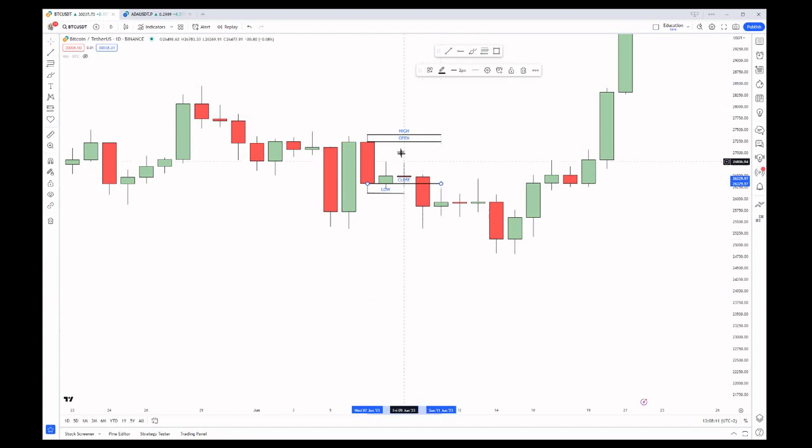So we have a high, we have an open, we have a close, and we have a low price. In this case, it was a red candle, so the close price is always under the open price. And in this case, if you look at the green candle next to it, you'll see that the opening price was below the closing price. So that means that price in this day started, in this case, at around 25,700, and at the end of the day it was 27,200.